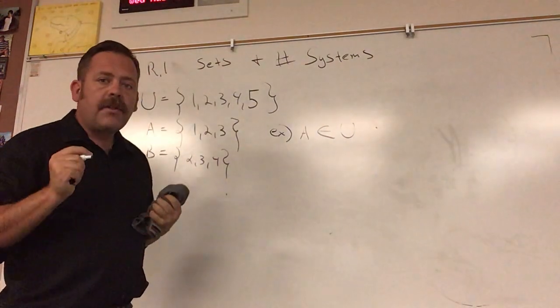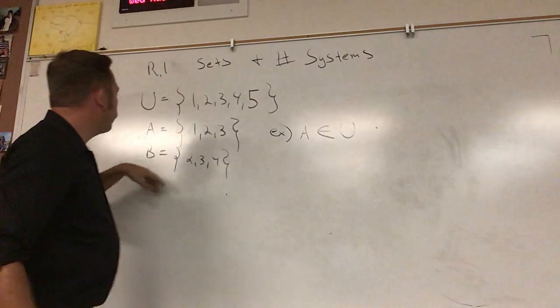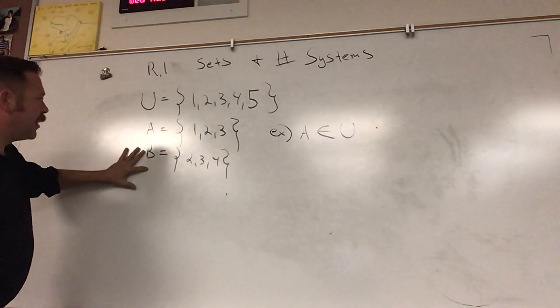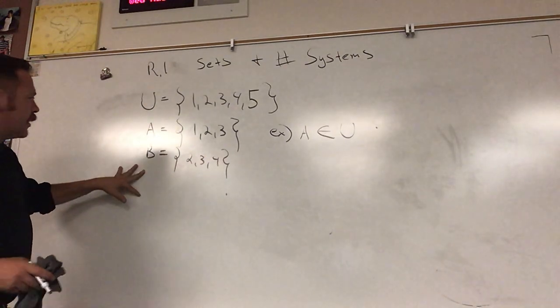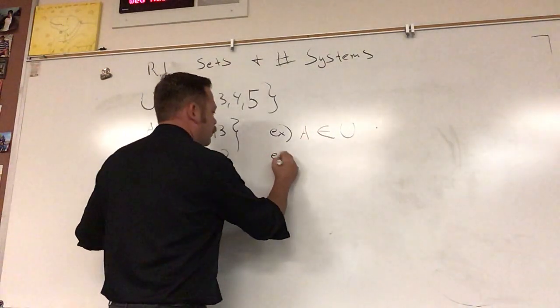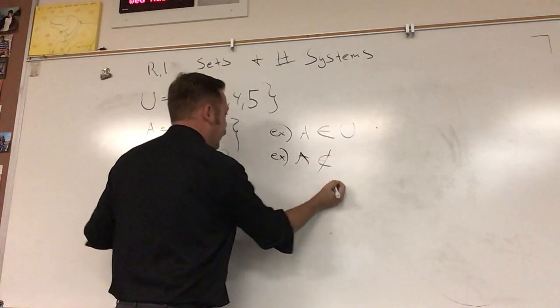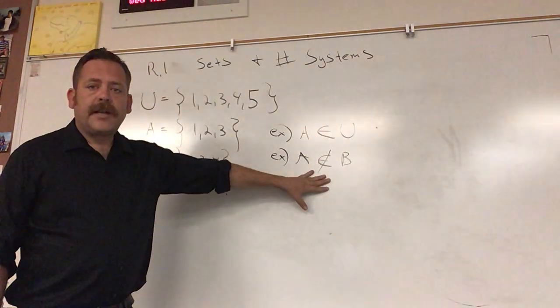If a set does not exist in another set, like we know that A does not exist in set B because there are numbers that aren't in both, one thing I could say is A does not exist in B. So this is the symbol for does not exist.